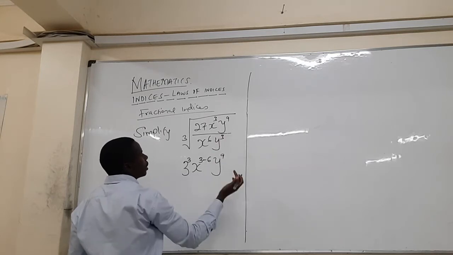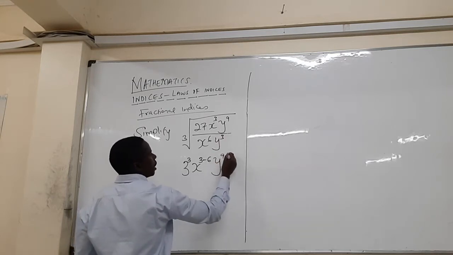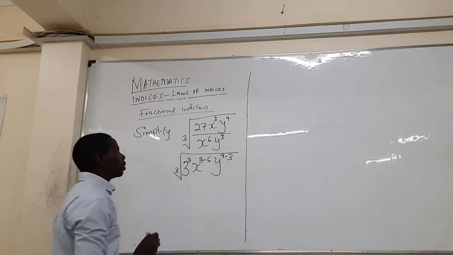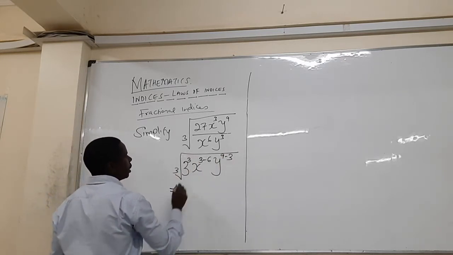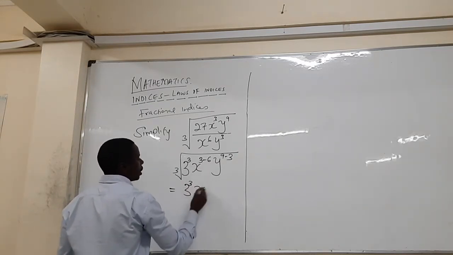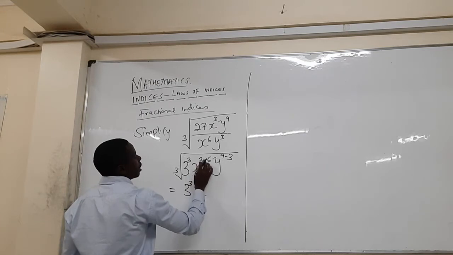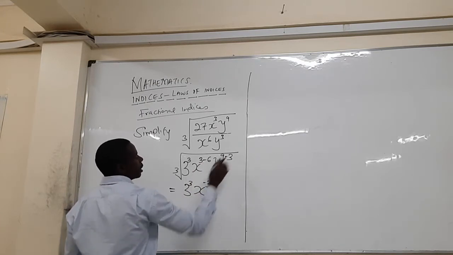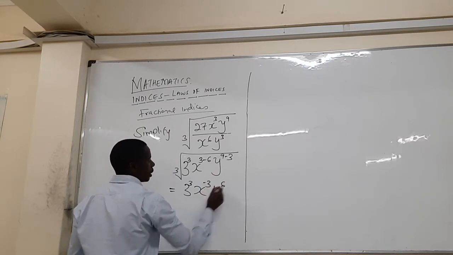They have the same base, so I just subtract the powers, 9 minus 3. And then this is under the cube root. I'm going to get 3 cubed, then x power 3 minus 6, that is minus 3, then 9 minus 3, that is y power 6.